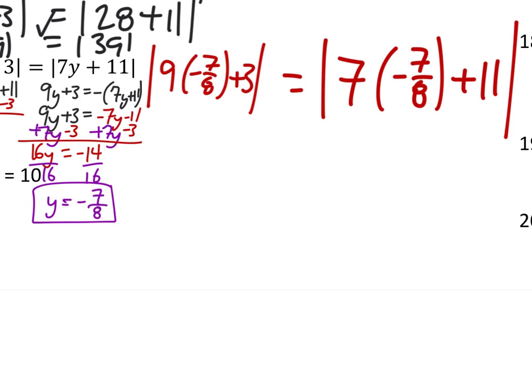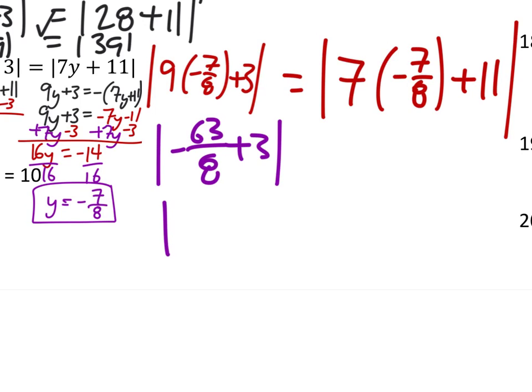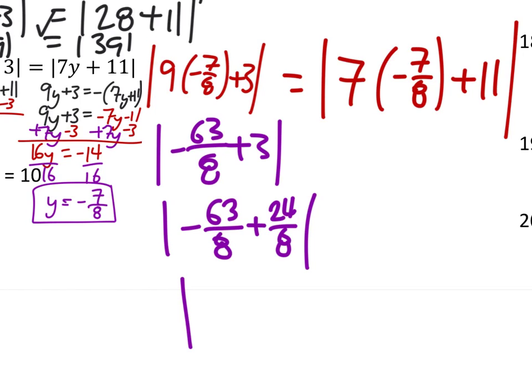All right, well, looks like this is going to give us negative 63/8 plus 3, common denominators. And we end up with a negative 39/8, which as an absolute value is going to give us a positive 39/8.